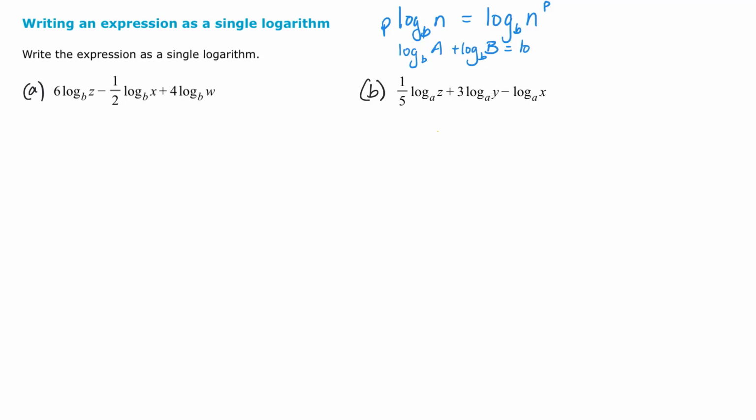We could write that as log base b of capital A times capital B. Another good one to know is, let's say you have log base b of capital R minus log base b of capital S. Well, that's simply going to be log base b of R over S. Like that.